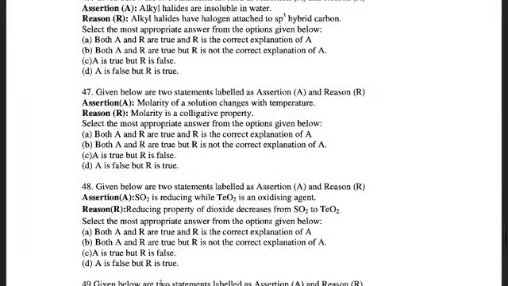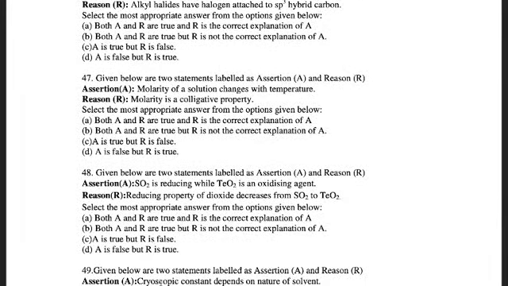Question number 48. Given below are two statements labeled as Assertion A and Reason R. Assertion A: SO2 is reducing while TeO2 is an oxidizing agent. Reason R: Reducing property of dioxides decreases from SO2 to TeO2.